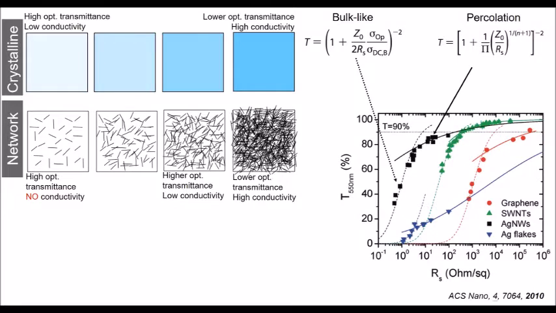So you can basically set up your TCF, your transparent conductive film, with a crystalline or network type of conductive material. In the crystalline type of material, you have no big particle heterogeneity issues, right? Whilst in the rod-like type of transparent conductive material, which is carbon nanotube, you of course have to face this challenge of making a good network.